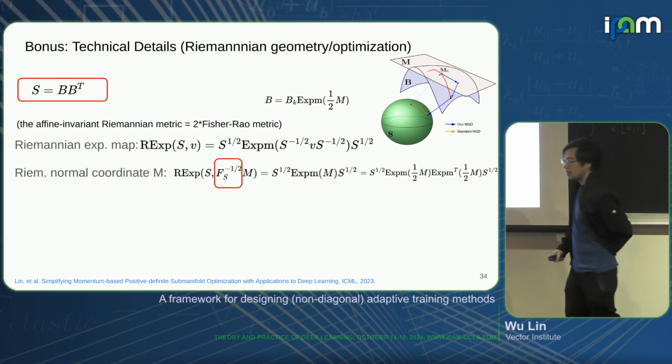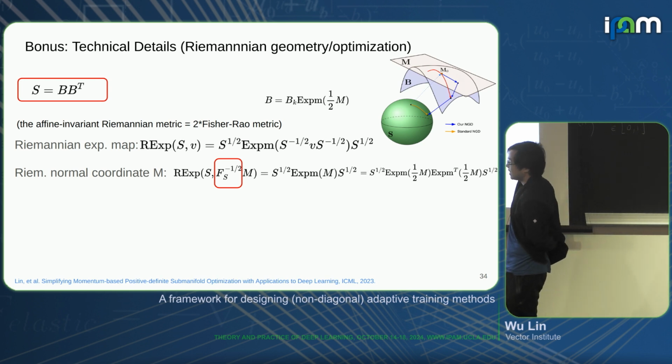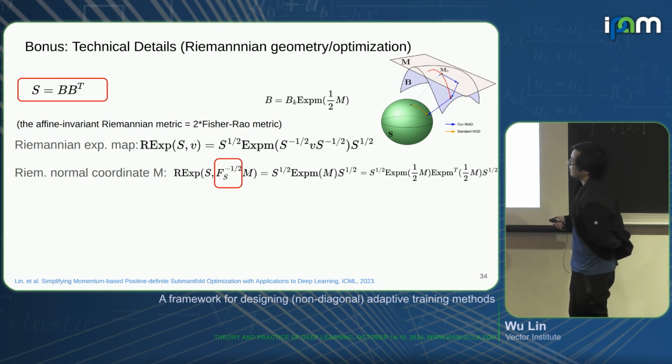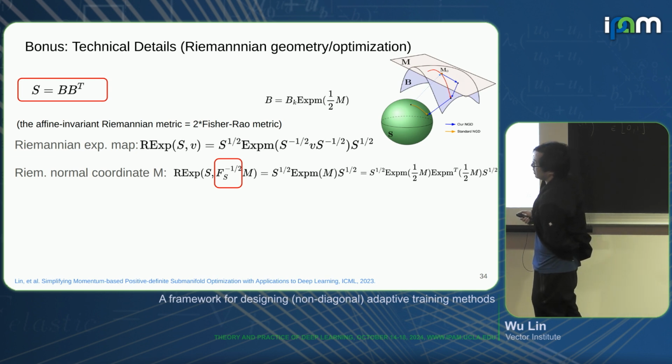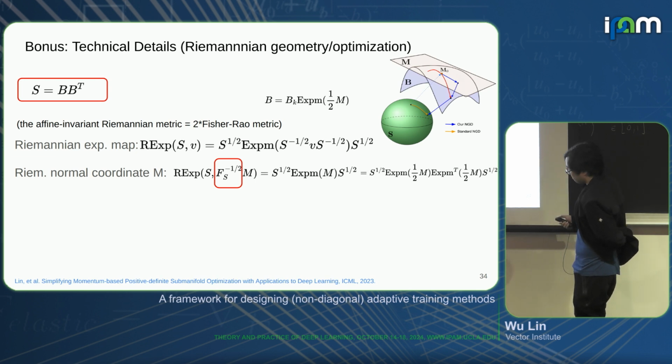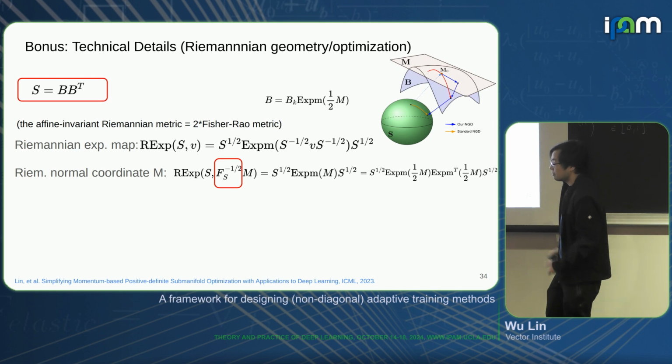Then we can define the Riemannian normal coordinate. The matrix in this red box is essential because we want to make sure that in this coordinate system, the matrix becomes the identity matrix, and this is the definition of the Riemannian normal coordinate.